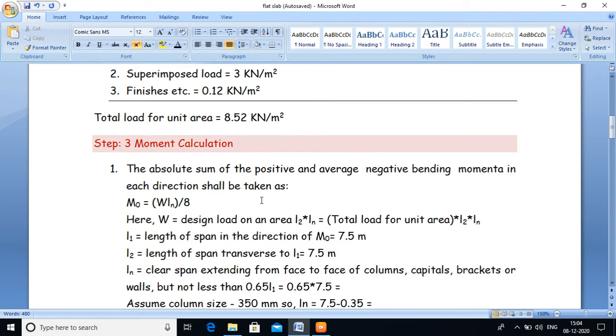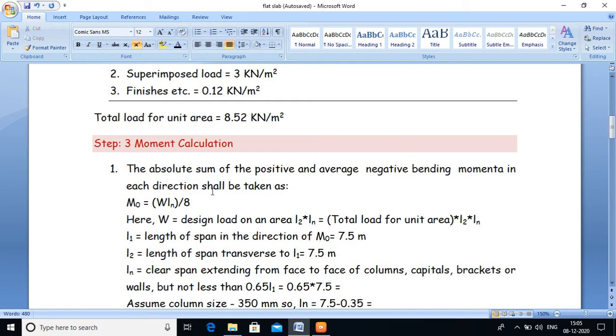We cannot apply this direct design method for any slab. If a slab is following the assumptions given by the DDM, then and only then we use this direct design method. So we consider that the given slab satisfies all the conditions given by the DDM. So that's why we are following the direct design method.